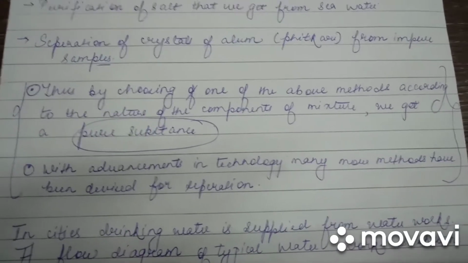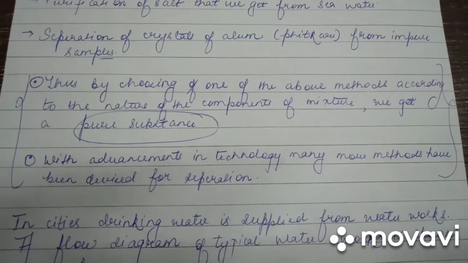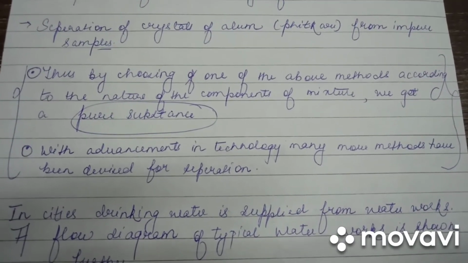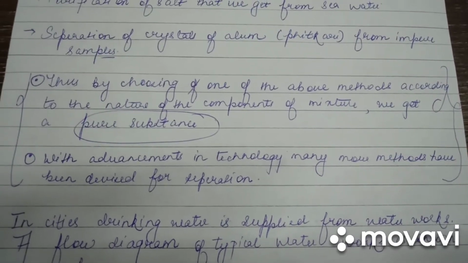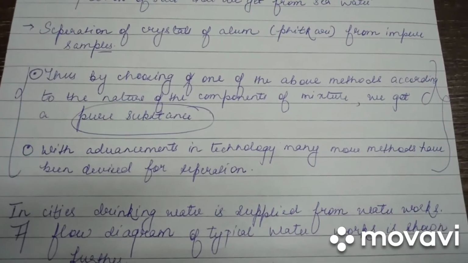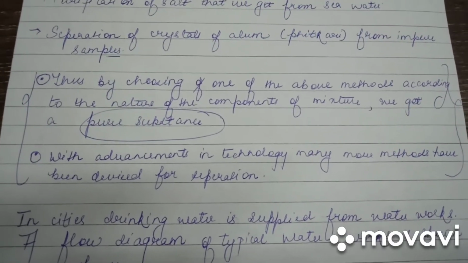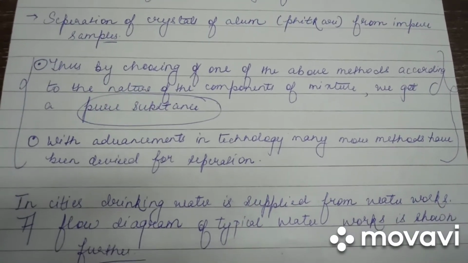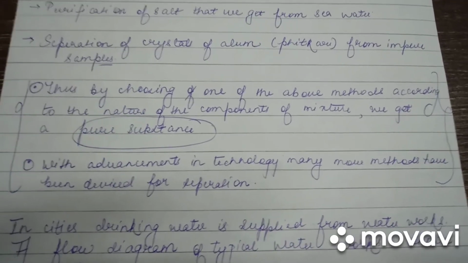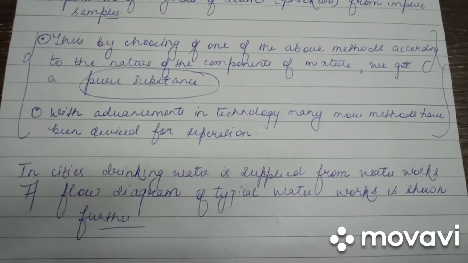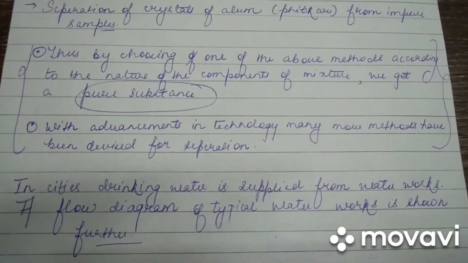Thus, by choosing one of the above methods, according to the nature of the components of mixtures, we get a pure substance. We have discussed many methods of separation of mixtures. We can choose any of the methods depending upon the nature of components. With advancement in technologies, many more methods have been devised for separation, which are better and give us clearer results.